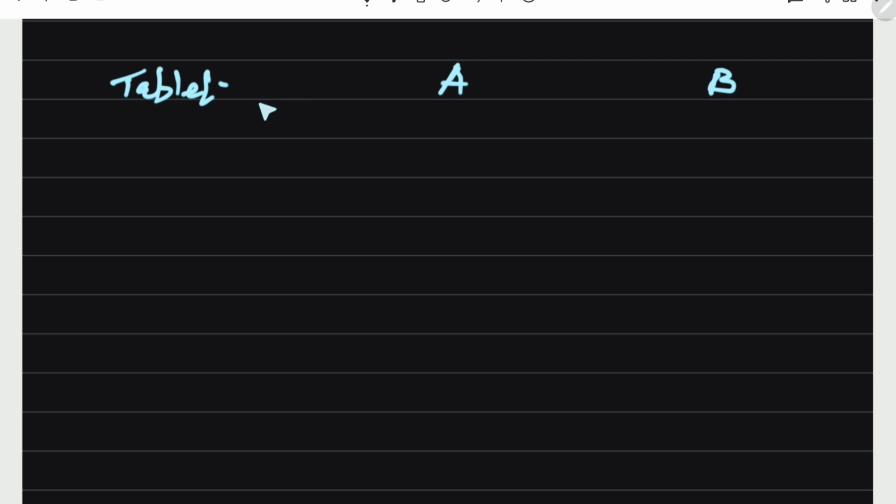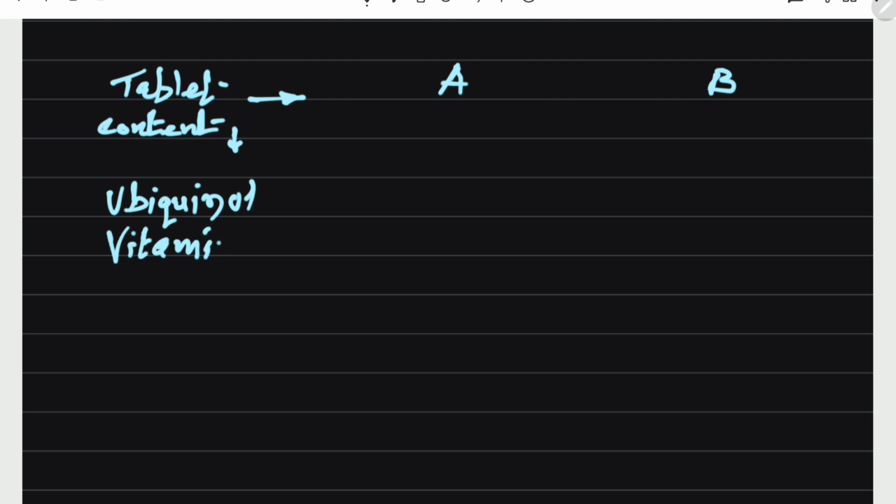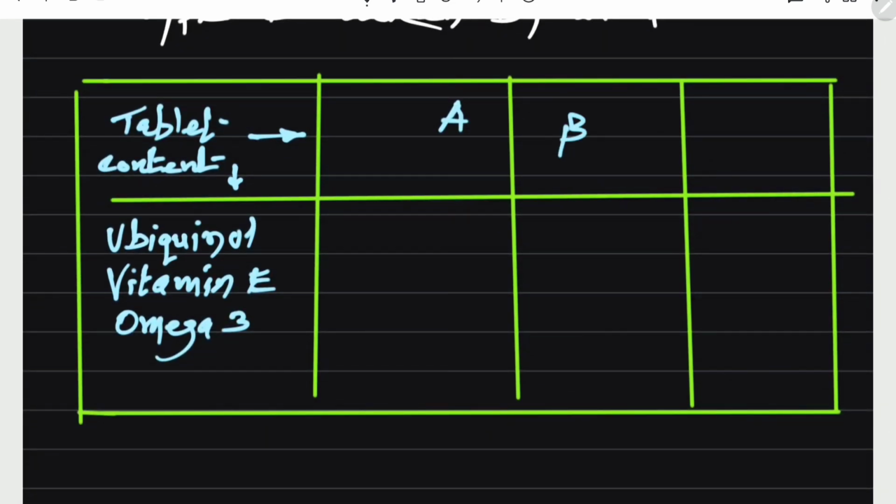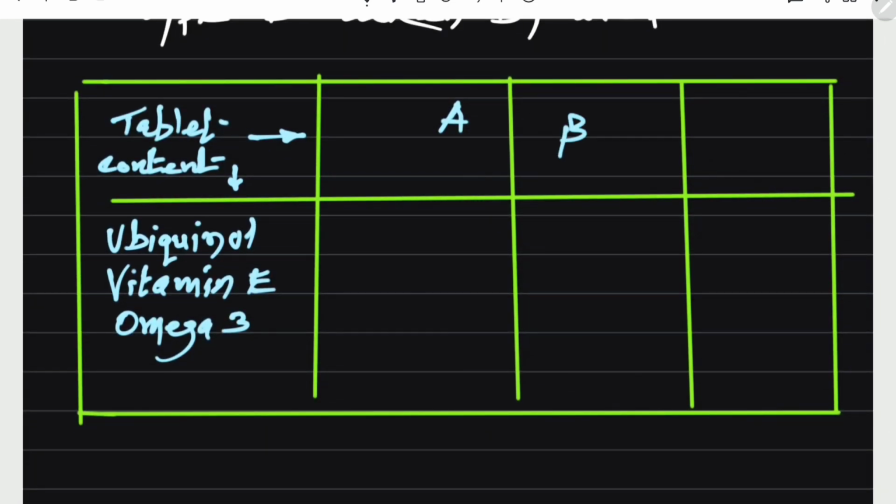Then we summarize all the given information in this table. Tablet, two types, A and B, and contents in that tablet: ubiquinol, second vitamin E, and third omega 3. Then we substitute the values for tablet A, tablet B, and the requirement.